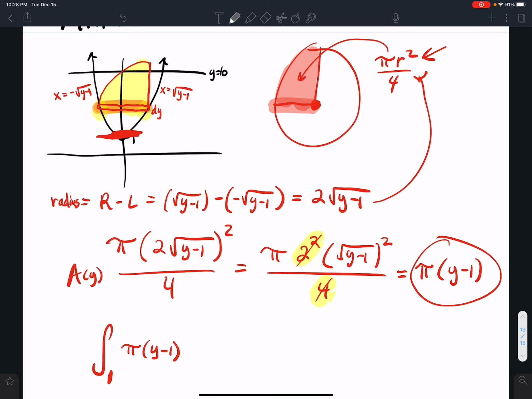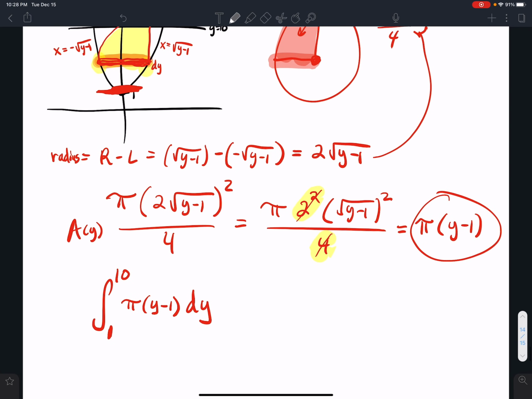And then I sum up all of those objects from 1 all the way up to 10. But then I've got to add that thickness in there to make it volume, and that's where that dy comes into play. And if you integrate this out, you get 81 over 2 pi.